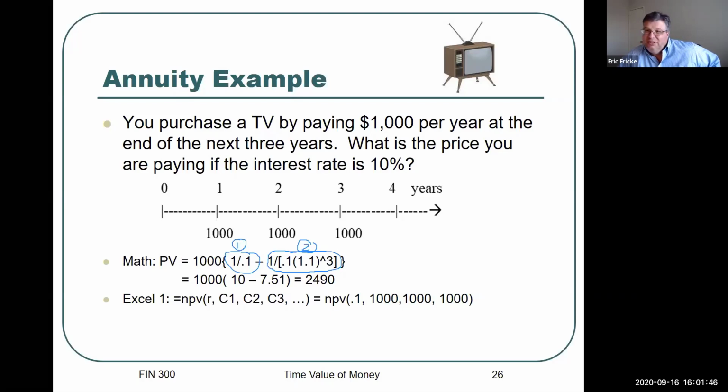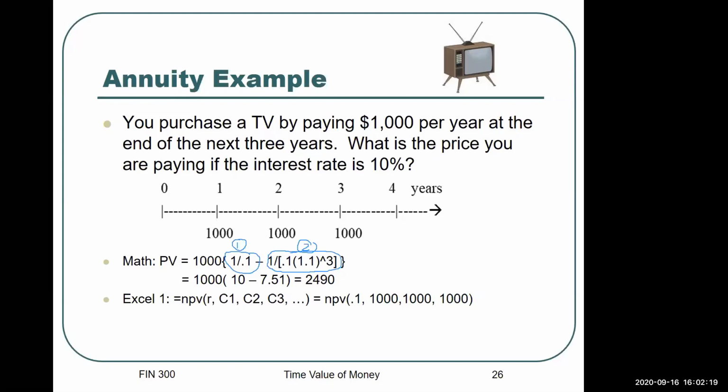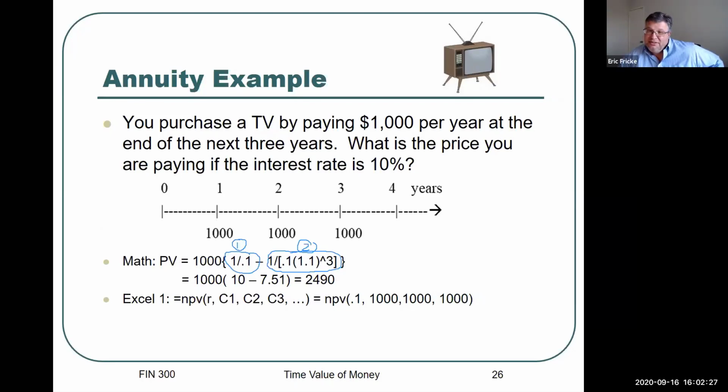But you can be off a little, because if you're doing all these calculations by hand, you round a little, and a small rounding can create a little difference in the answer. It is possible that for 2490, maybe I didn't do any rounding. Did you do rounding when you calculated it? I just put the first thing without doing the 7.51. Okay, so maybe your answer is a little more exact than mine. I think I must have done some rounding.